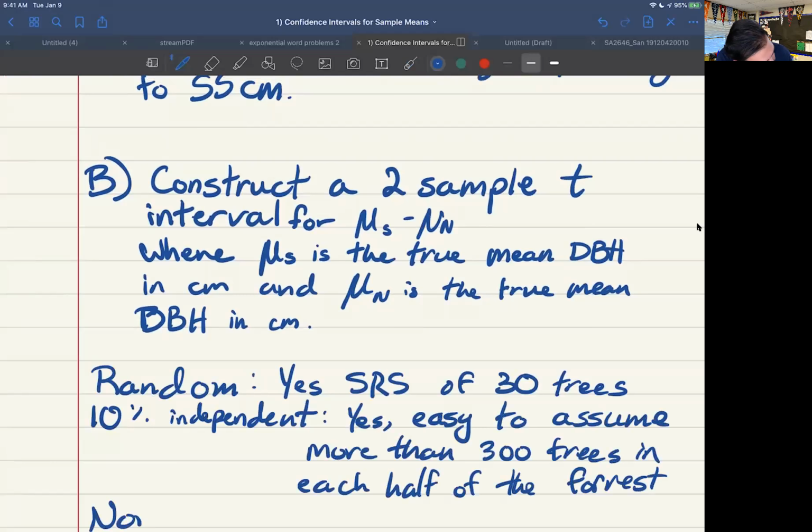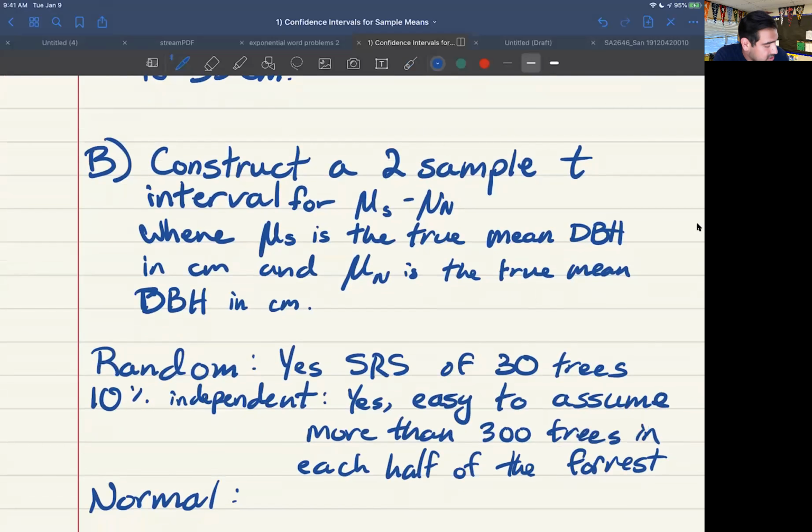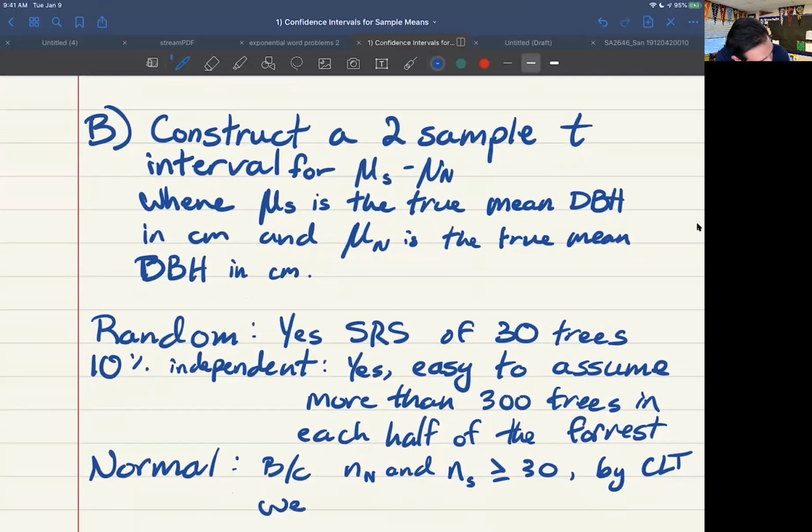Can we assume that it's normal, right? We already talked that the distributions were both strongly skewed, because N_N and N_S are greater than or equal to 30, by CLT, we can assume normality.